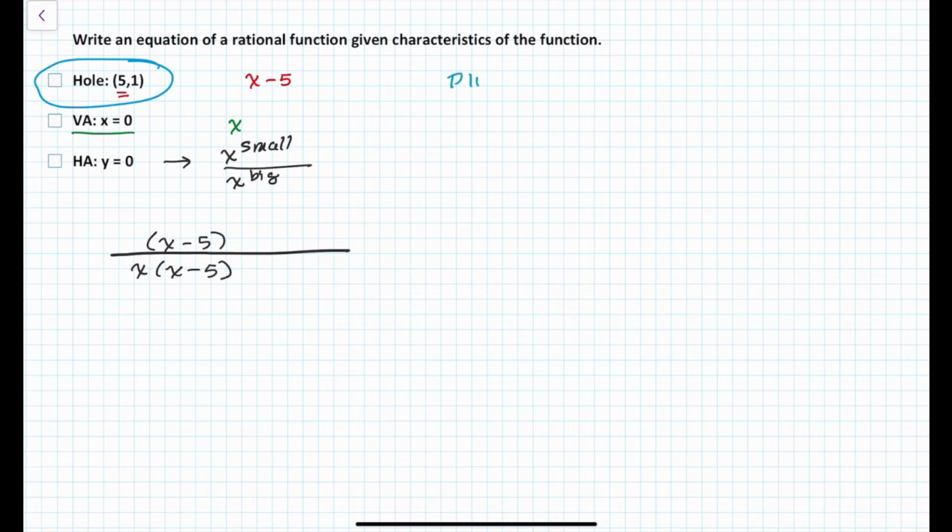So 5, 1. So if I plug in x equals 5 into this function that I'm writing, I need to get y equals 1. And so sometimes we need to multiply another constant by the function or do something else to get it to work. So if I plug in x equals 5 the way it is now, I would get 1 over x, which is just 1 over 5, 1/5. Well, that's not 1.